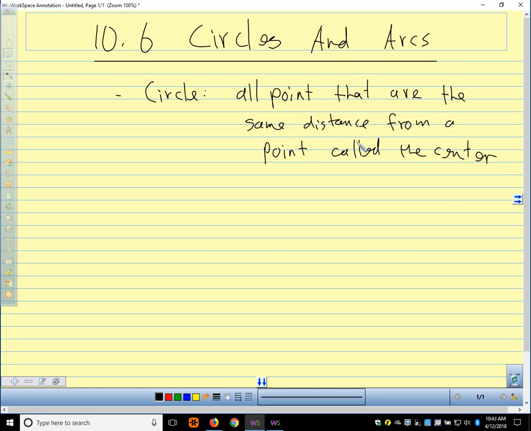So this idea of distance, the circles have to do with distance. Well, what do we call that distance for a circle? If we're on the circle, away from the center, what do we call the distance from the center to the circle? Radius. The distance is the radius.